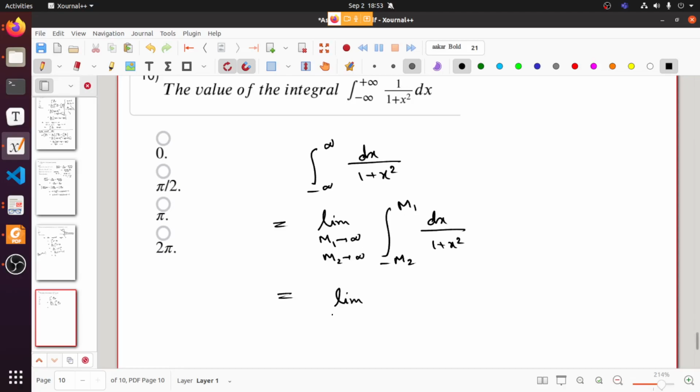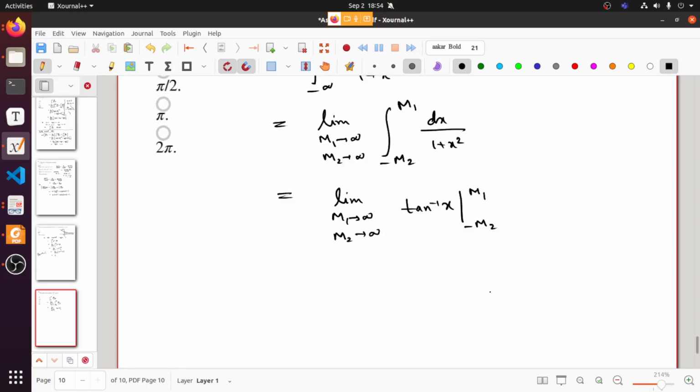So now what happens? Limit m1 tends to infinity, m2 tends to infinity. What is the integration of dx by 1 plus x square? It is tan inverse x, from minus m2 to m1. Now put in the limits. What will you get?